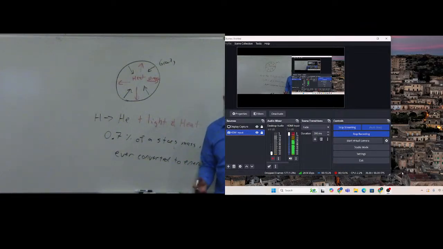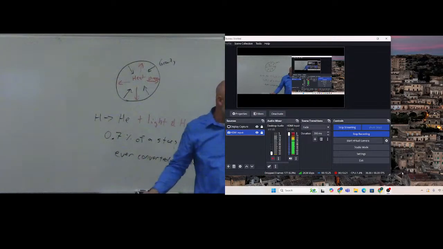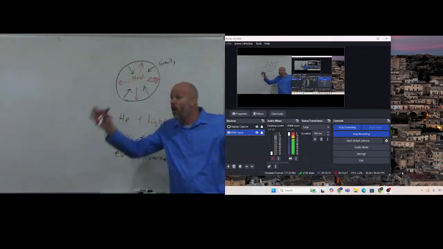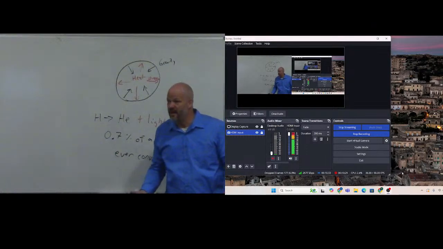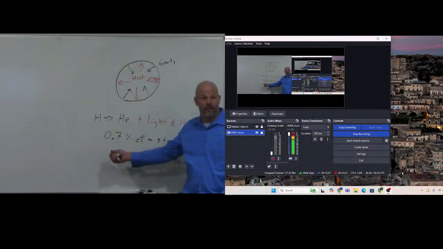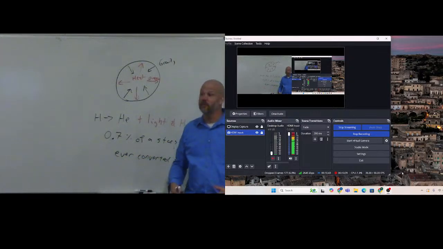Okay? It exists. It was in hydrogen, which is pretty easy for it to use. But now most of its bulk is at least in the core where the fusion's happening, because the whole star is made up primarily of hydrogen, right? But the fusion only happens in the core, at least during the main sequence phase. 99.3% of the mass now exists as helium.